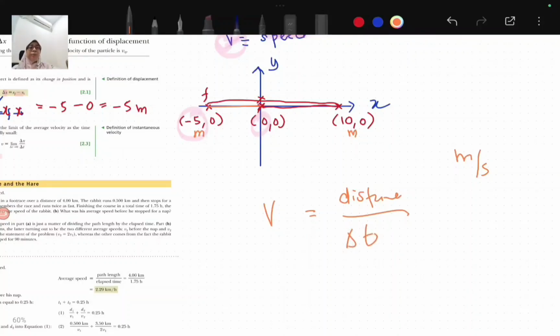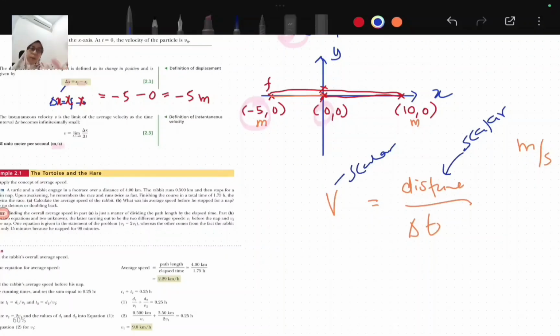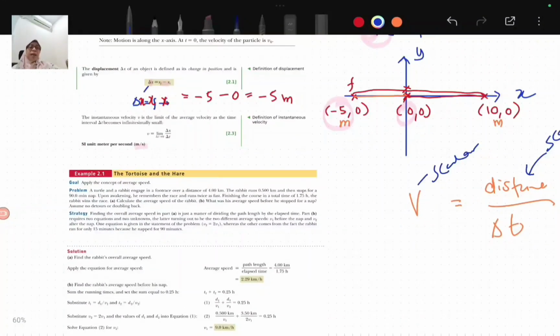But here you have noticed bahawa the internal computation of whatever inside dia tu adalah belongs to scalar as well. And then kita dapat juga the outcome is also a product belonging to scalar. Okay, that's how we decide lah.